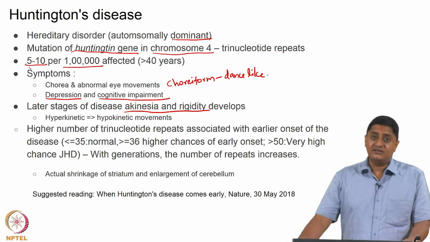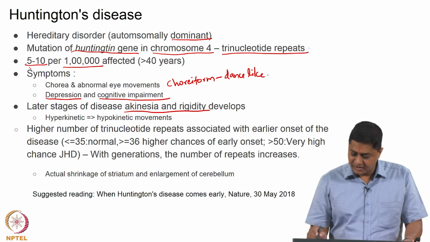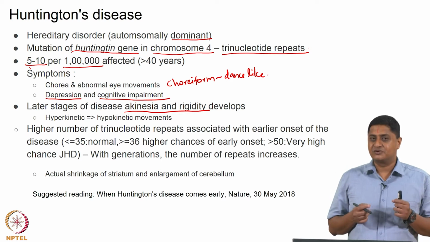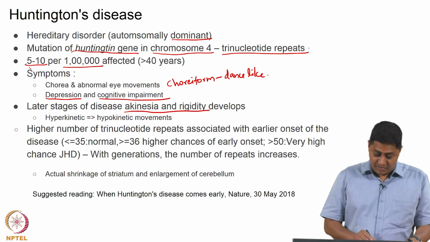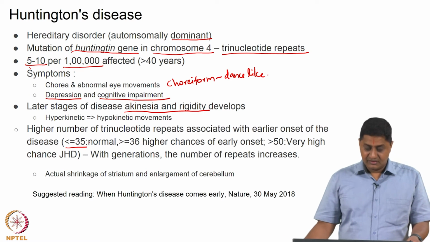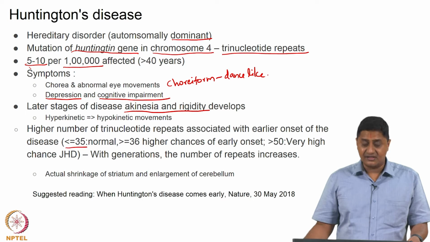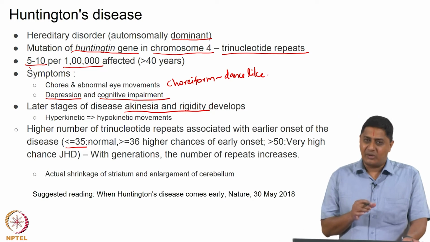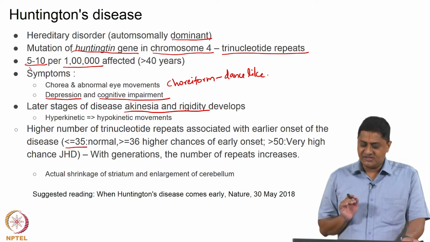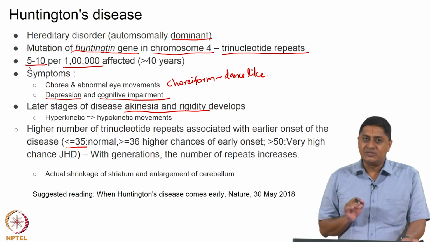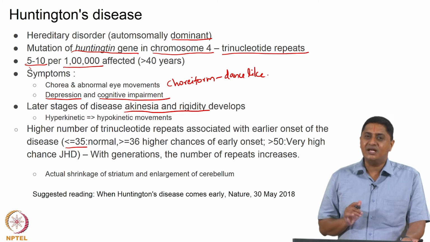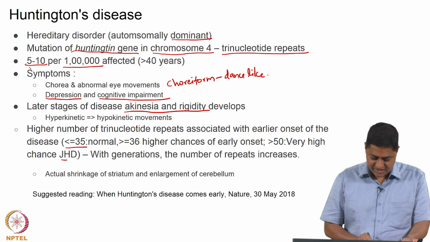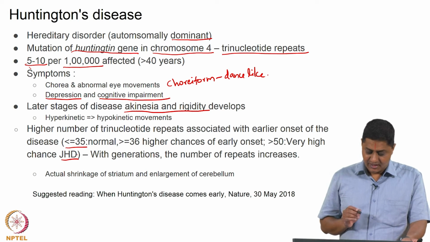And it turns out that the number of this trinucleotide repeat determines when the person is going to get the disease, right. If this number is below 35, this is relatively normal, and if it is greater than or equal to 36, there is a higher chance of early onset. Above 50, and this is just a ballpark number, above 50 repeats usually signals that the person will develop what is called juvenile Huntington's disease, JHD.